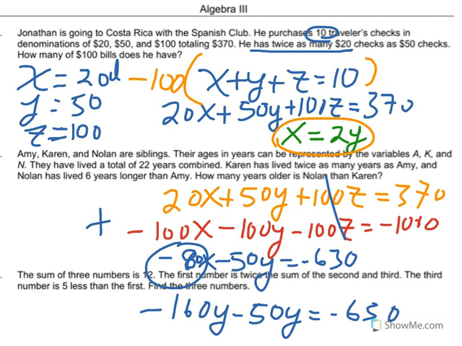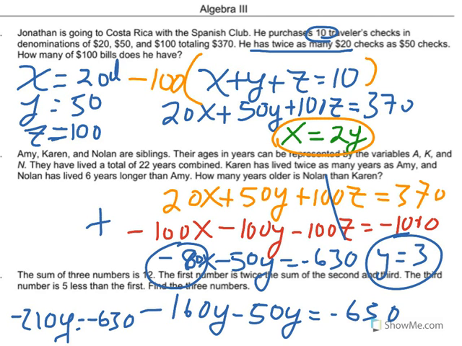Combining my Y's, I get negative 210Y equals negative 630. Divide both sides, and Y is 3. If I know Y is 3, I can plug it in and find X is 6. So I have 6 twenties, 3 fifties, and one left over, so I have one $100 bill.